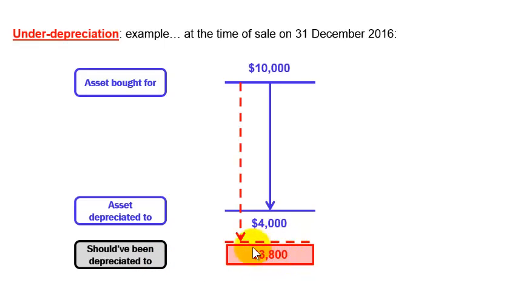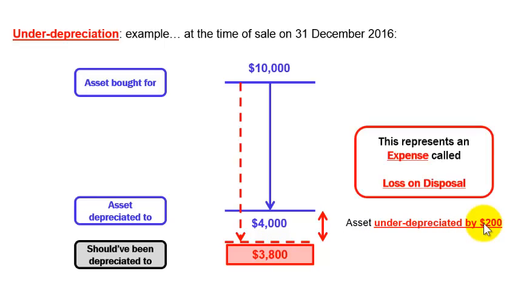What's happened is that we actually only got $3,800, so we should have depreciated $200 more. That's really what it means. Therefore, we've under-depreciated by $200, so we've got to allocate that as an expense. This is called loss on disposal.